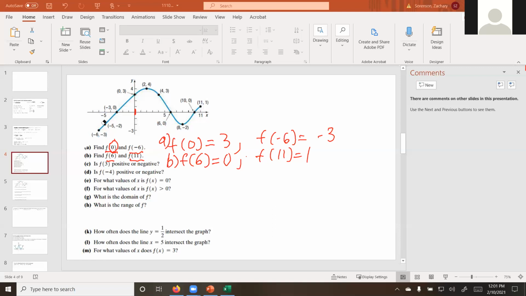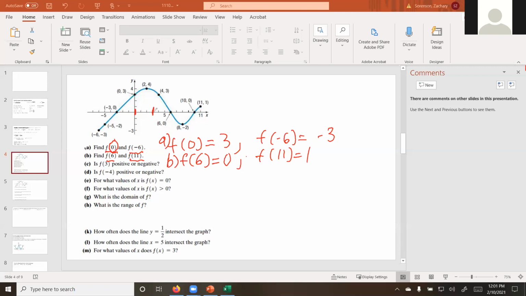All right. Now, is f of 3 positive or negative? That's a little bit tricky because in the previous examples, we could go to the point. F of 0 is 3. I actually have a point for that. But here, f of 3, I come to 1, 2, 3 right here, and there isn't a point I can draw to directly.